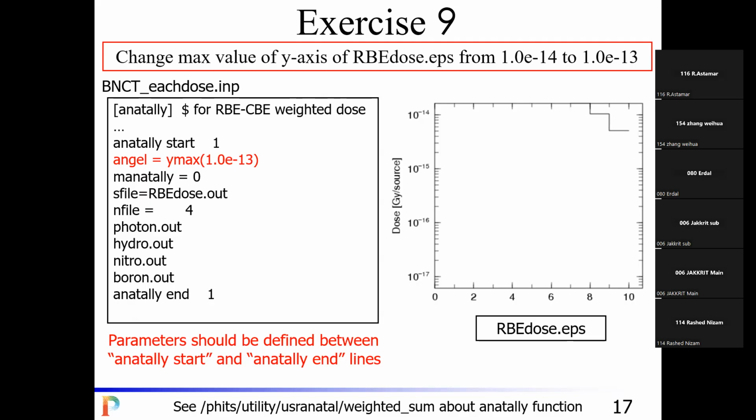And if you add angel equal ymax bracket 10 to the minus 13, that means the maximum value of the graph should be 10 to the minus 13 instead of 14. So you will see the data of RBE weighted dose for shallower locations.